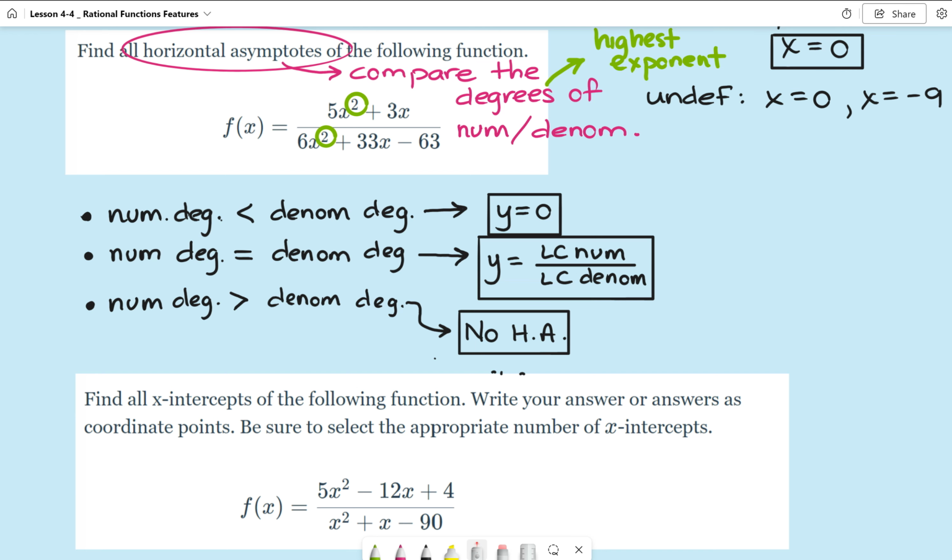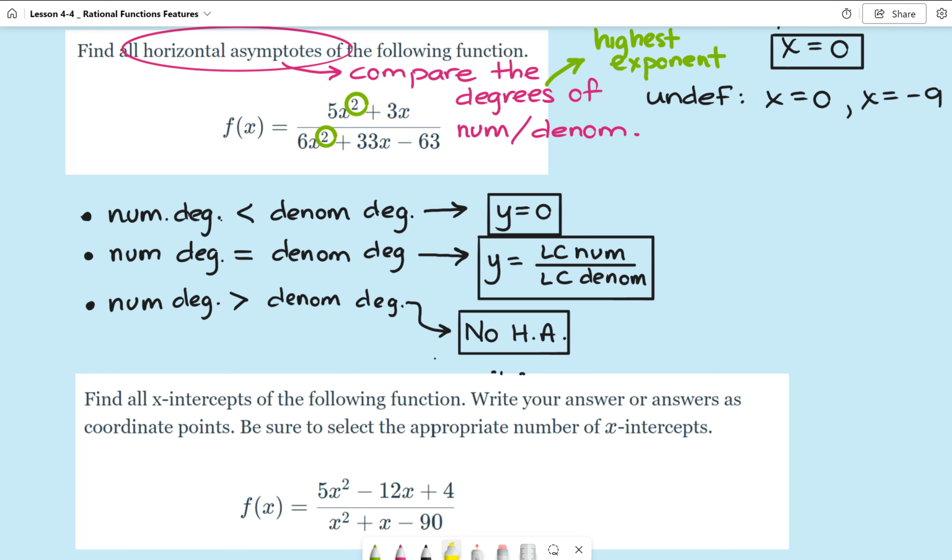So look at your bullet point options, and you'll notice that bullet number 2 says that if the degree in your numerator is equal to the degree in the denominator, this is what you're supposed to do. It says your equation is going to be in this format.